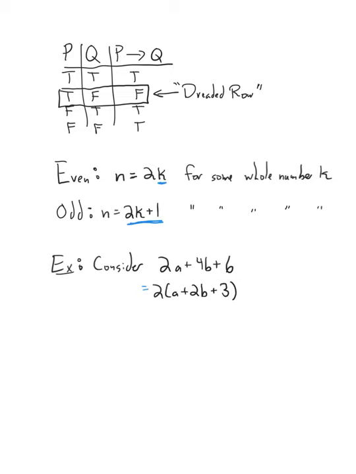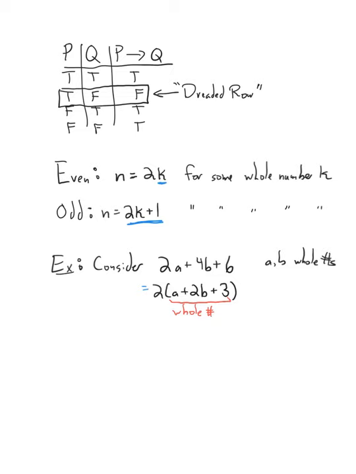But look here. Let me just tell you, a and b are whole numbers. Since a and b are whole numbers, we have this idea of adding and multiplying whole numbers, and we get another whole number. So this indeed here is a whole number. This is like our k. So I can write this as 2 times some whole number, a plus 2b plus 3.